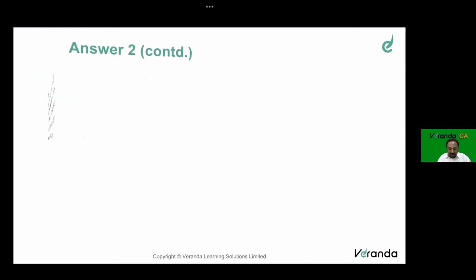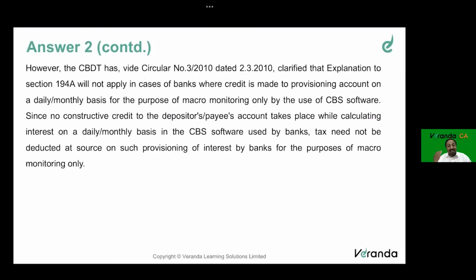But to understand this, we also have to understand a circular issued by the Income Tax department in 2010, a pretty old circular. It says that the explanation which speaks about crediting to an account holder, a suspense account or any other name will not apply in cases of banks where credit is made to a provisioning account.